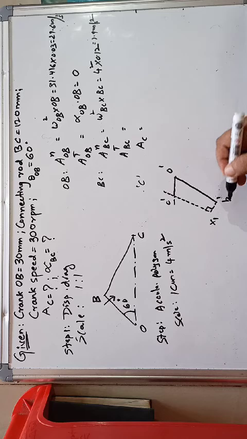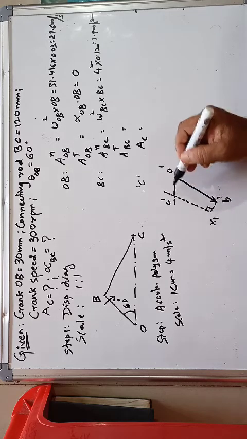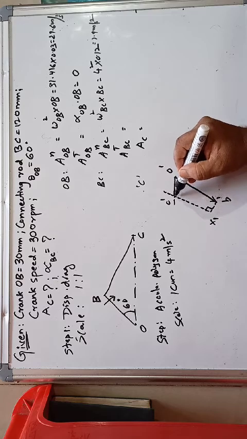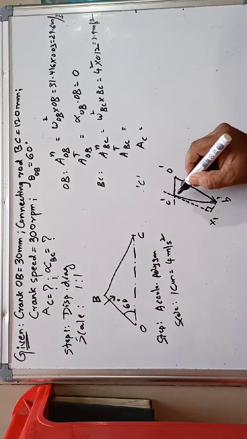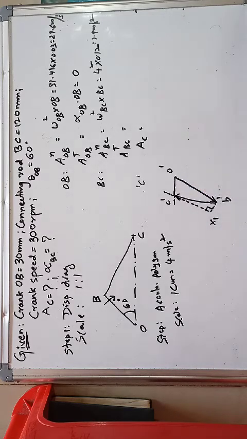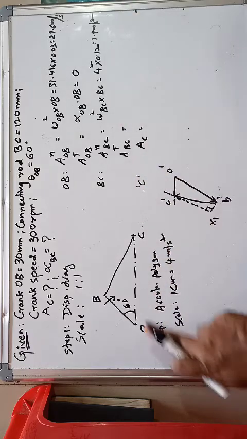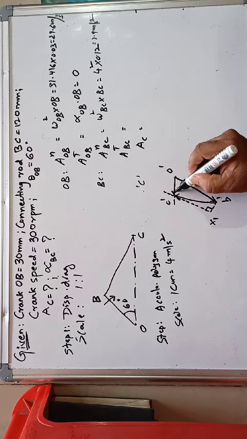So therefore O dash B dash, again the direction is in this direction, right? Again join C dash to B dash, and O dash to C dash. Here the direction is like this, and from O dash to C dash, because from O to C it will go, the direction is like this.